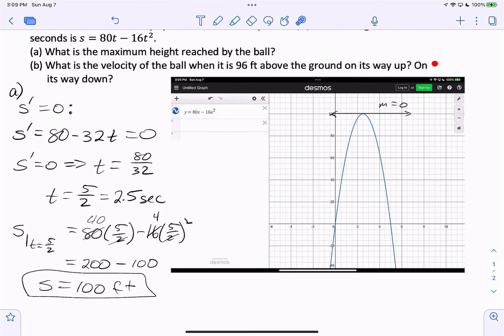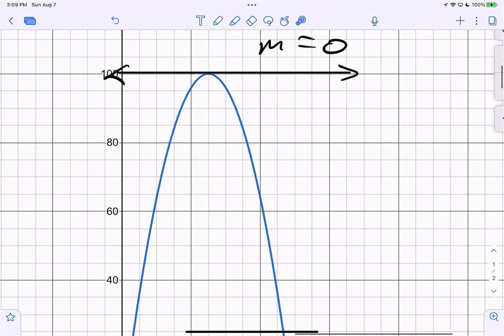Part B is a little more interesting. What's the velocity of the ball when it's 96 feet above the ground on its way up and on its way down? 96 feet is somewhere around here. And what we see is we cross 96 feet and the ball is on its way up, and we cross 96 feet and the ball is on its way down.